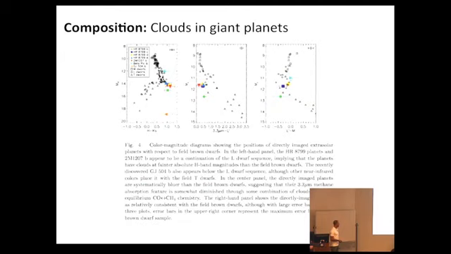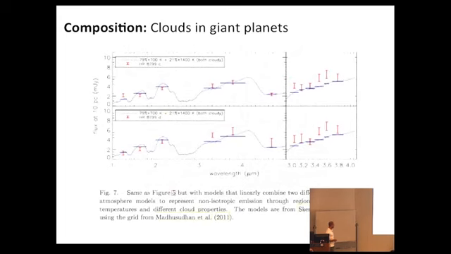As I said, clouds are very well known and are really dealt with in the brown dwarf and direct imaging communities. You have strong evidence for the existence of clouds in color magnitude diagrams of field brown dwarfs, and also when you put directly imaged planets on there. The well-known L/T transition represents perhaps a transition in the cloud properties in brown dwarf atmospheres. And then also in the spectra of directly imaged planets, you see evidence for clouds.